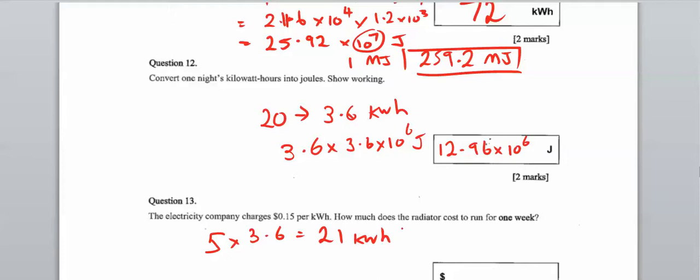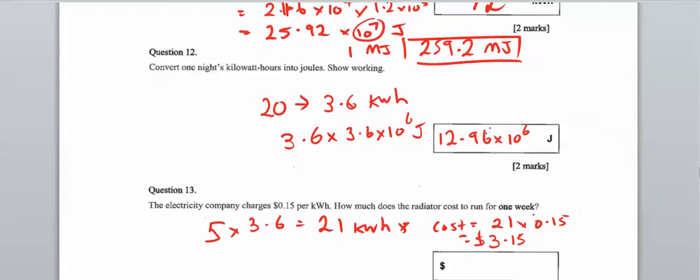So we then multiply that: the cost is equal to 21 times 0.15, which is equal to $3.15.